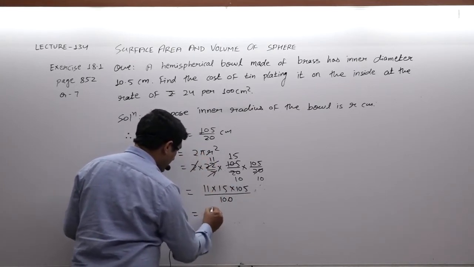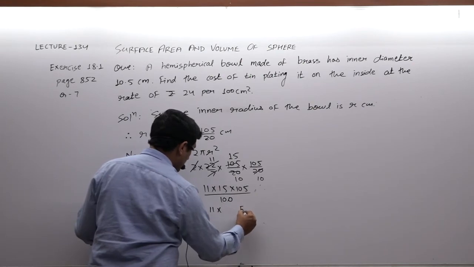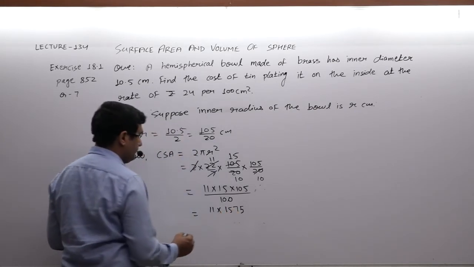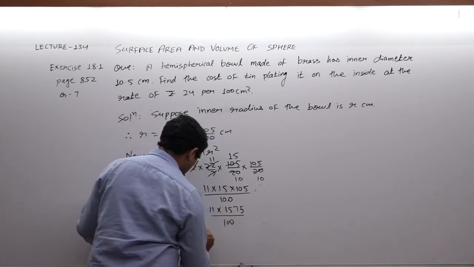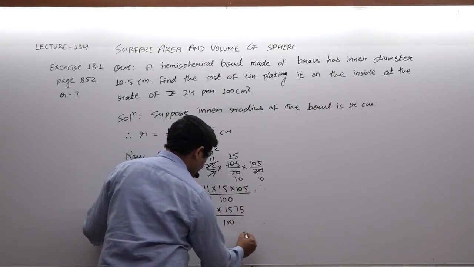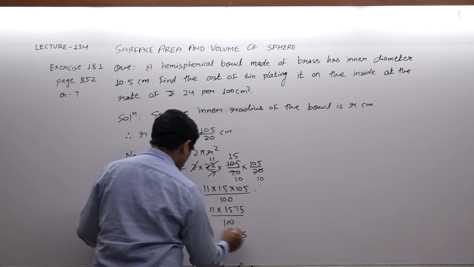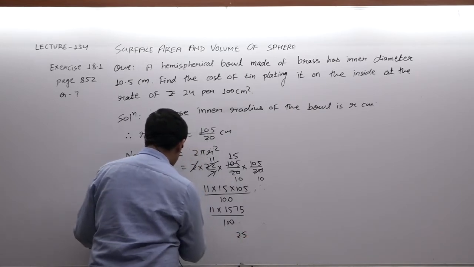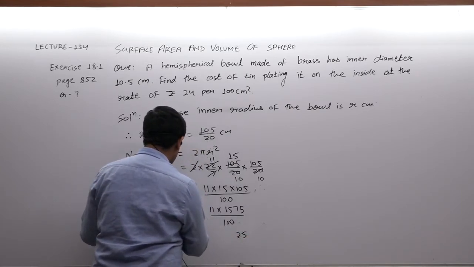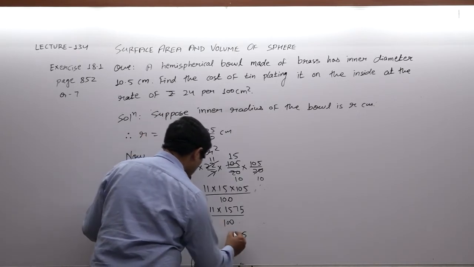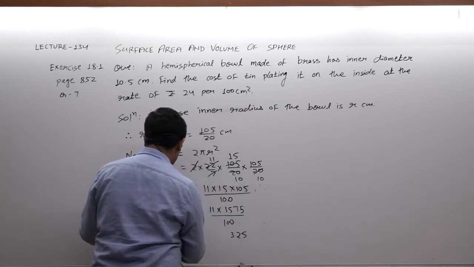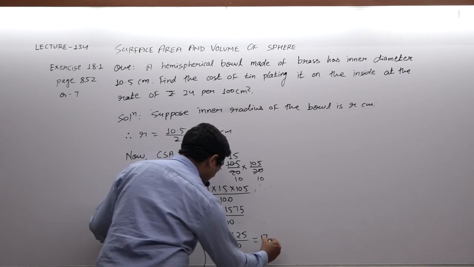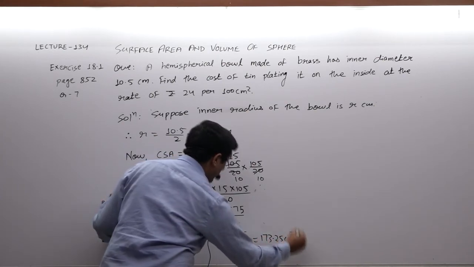So let us multiply with this. So now I can multiply this, so final it is 173.25 centimeter square.